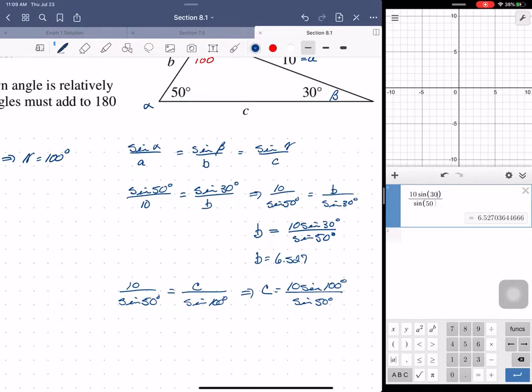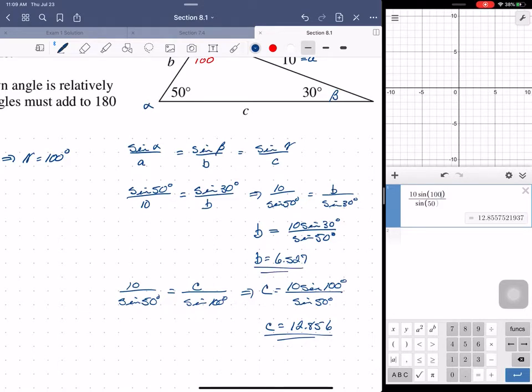And C is 12.856, we'll call it. Pay attention to how many decimal places your online homework asks for.